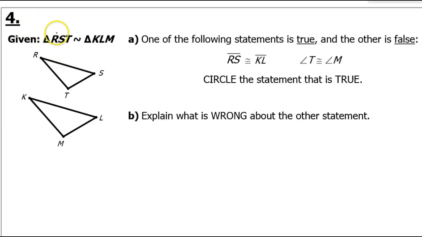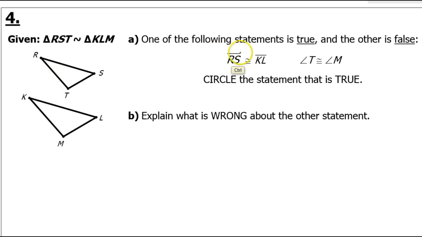Okay, given that triangle RST is similar to triangle KLM, one of the following statements is true. Well, before I even look at these, remember that when you have similar figures, the corresponding angles are congruent. However, the sides are not congruent. We have a bigger triangle and a smaller triangle. Of course, the corresponding sides are not congruent.